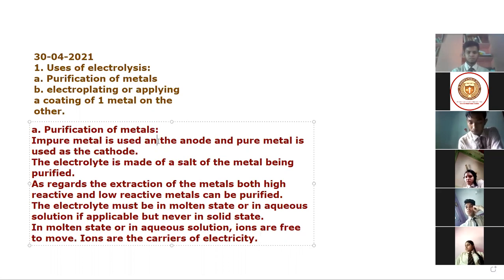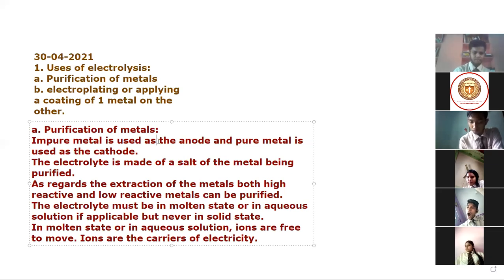There is another mistake. The electrolyte is made of a salt of the metal being purified. As regards the extraction of metals, both highly reactive and less reactive metals can be purified. The electrolyte must be in molten state or in aqueous solution if applicable, but never in solid state.